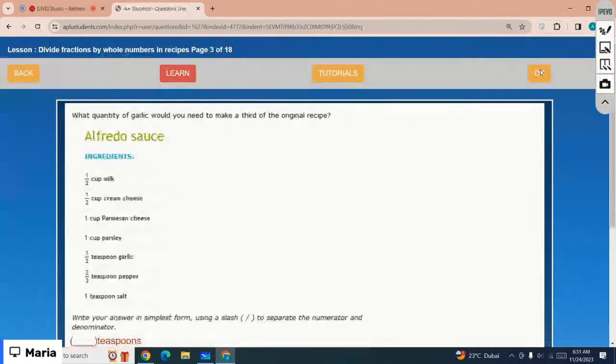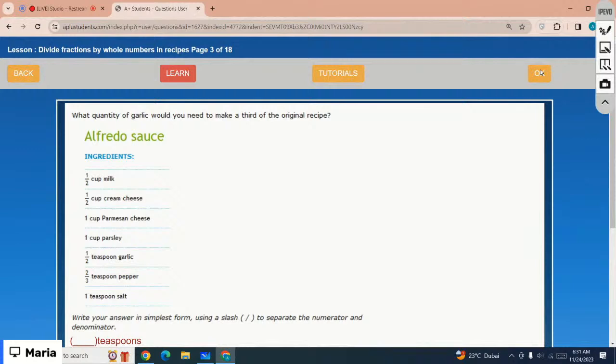Okay, the next one is add quantity of the garlic. What quantity of the garlic would you need to make a third of the original recipe? So 1/2 teaspoon of the garlic is needed. If you have to do the 1/3 of the recipe, which is the correct option?